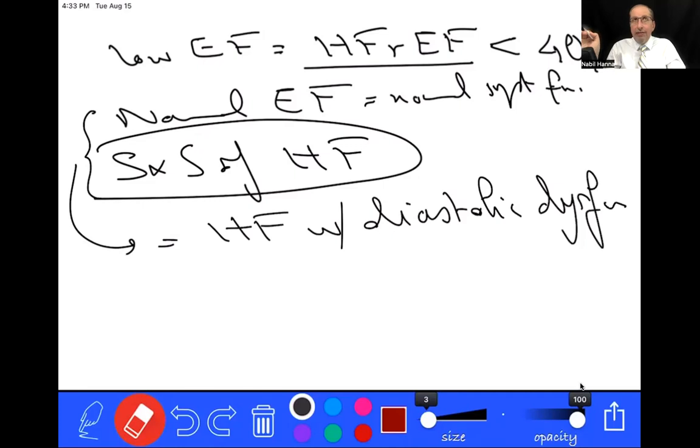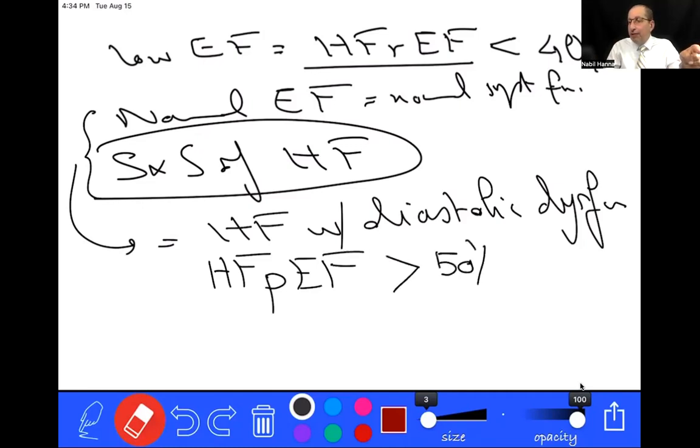And because nothing should be normal in a patient with heart failure, we don't say it's heart failure with normal ejection fraction. We describe it as heart failure with preserved ejection fraction. Preserved means above 50%, because the normal ejection fraction is 52 or above. So these are the two types of heart failure and their relation to the ejection fraction.